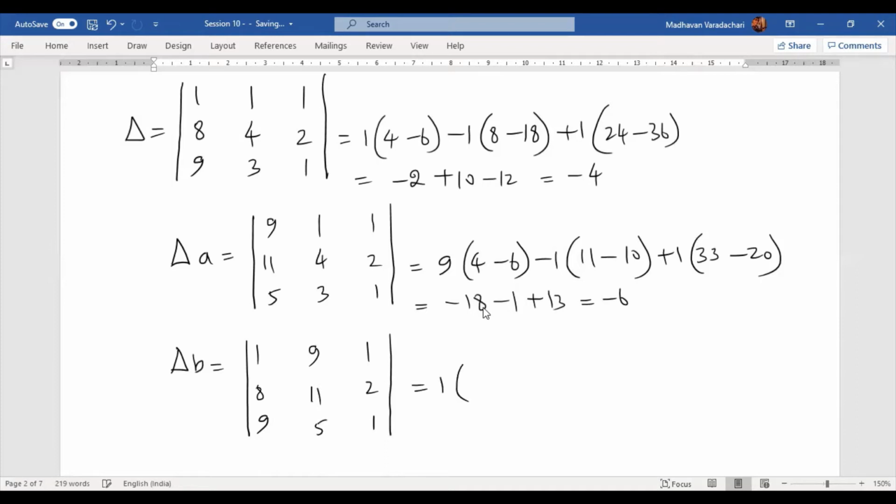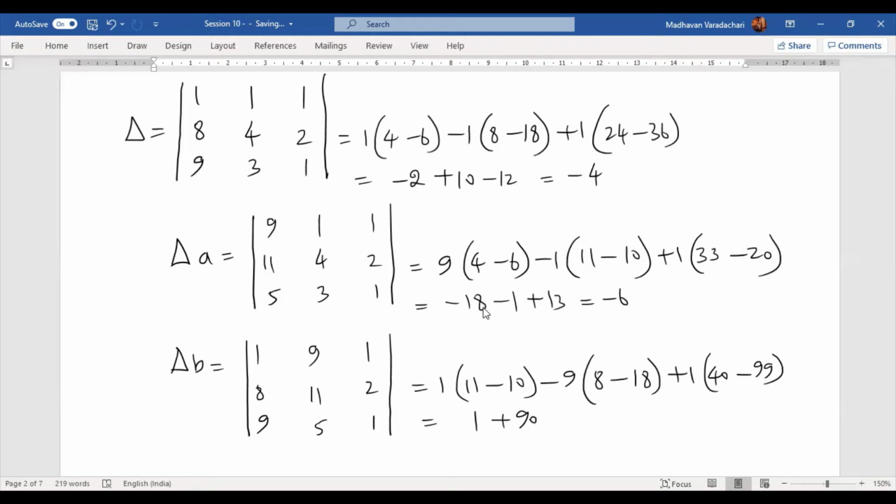1 times 11 into 1, 11, minus 5 into 2, 10, minus 9 times 8 into 1, 8, minus 9 into 2, 18, plus 1 times 8 into 5, 40, minus 9 into 11, 99. So this will become 1. This is negative 10. Negative 10 into negative 9 becomes positive 90.